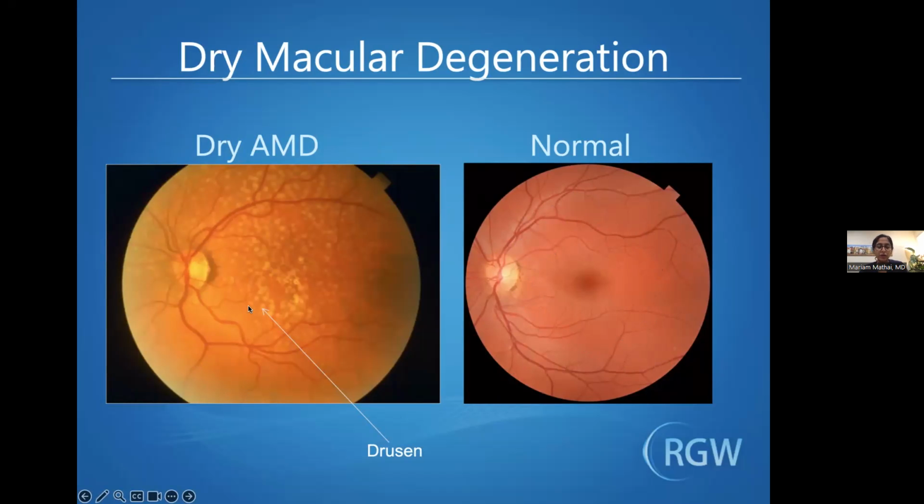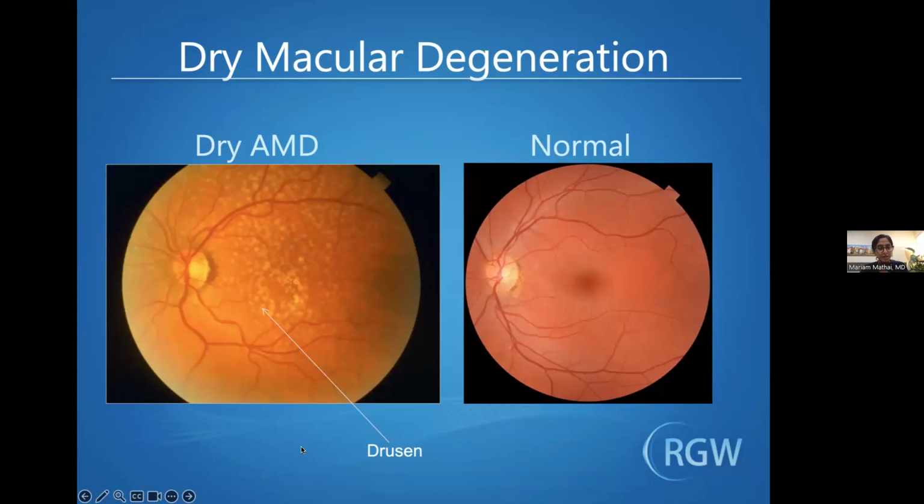If you look at the photo to the left, this is an example of what dry age-related macular degeneration is. You can see these yellow deposits that are actually underneath the retina that give this yellowed appearance. These deposits are called drusen. It's basically a mix of calcium and lipid, or fatty, deposits that build up underneath the retina from slowing metabolism in the eye.